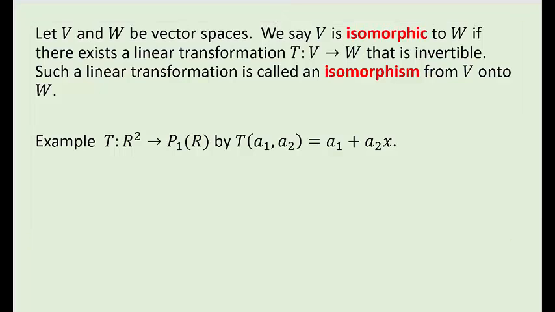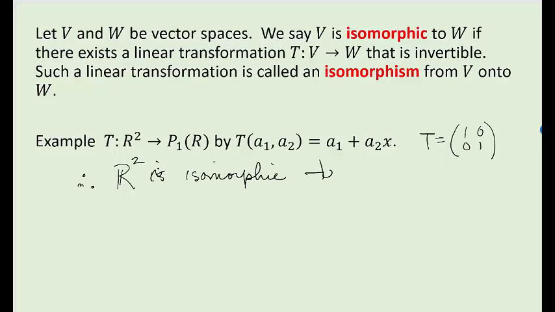For example, this very simple one, taking R2 to the vector space of polynomials of degree 1 or less, the matrix for T would be, well, actually it's the identity matrix. So we quickly know that T is 1 to 1, onto and invertible, and we can conclude, therefore, R2 is isomorphic to the space of polynomials of degree 1 or less.